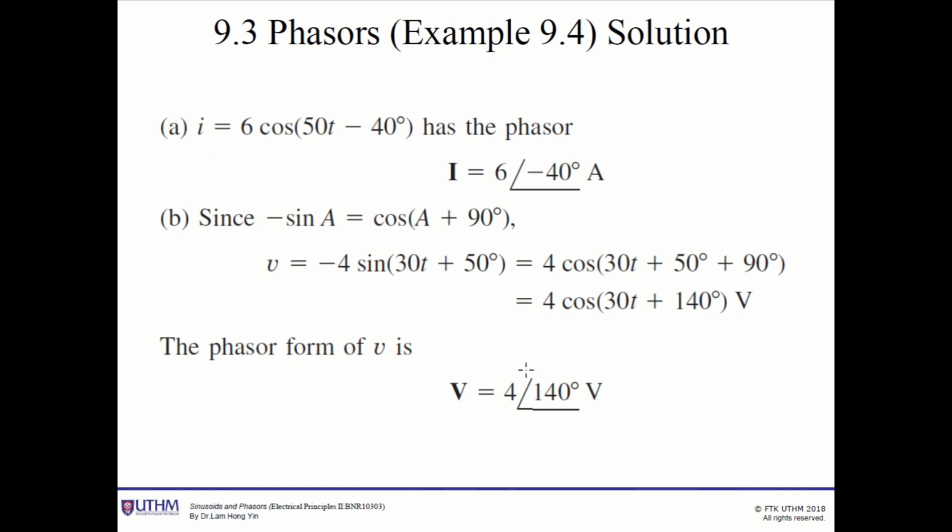To transform to phasor, you just remove the time factor. So from here you can get 6 as the magnitude, while minus 40 degree is the phase. So I is equal to 6 angle minus 40 degree ampere.